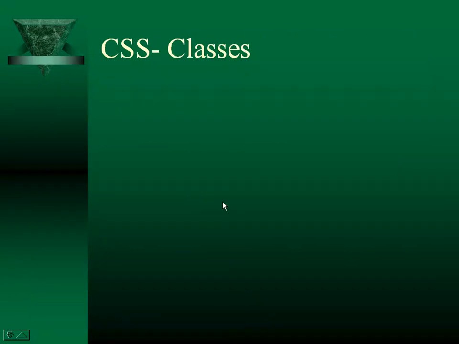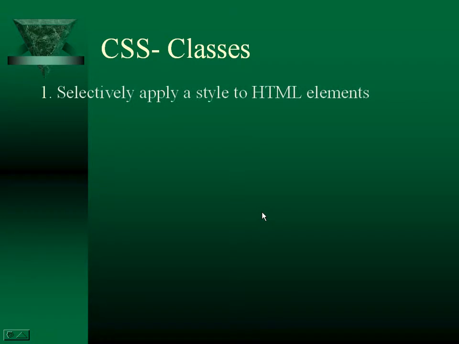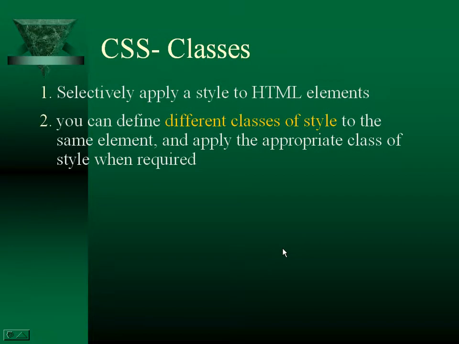Then coming to the next topic, cascading style sheet classes. Using these CSS classes, we can selectively apply a style to HTML elements. Using these CSS classes, we can define different classes of styles to the same element and apply the appropriate class of style when required. Let us see an example.